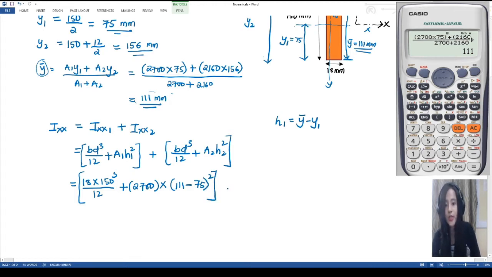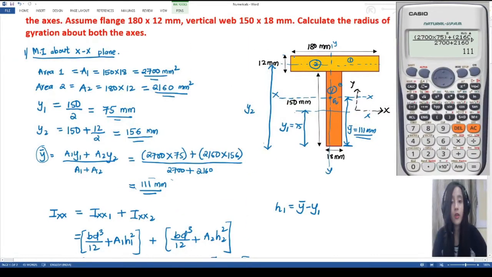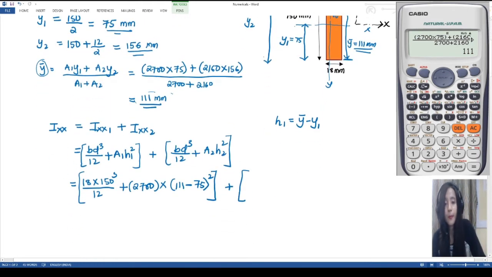Now for the second portion, which is the flange portion here, its width B is 180 mm and its depth is 12. So I have 180 into 12 cube by 12 plus, how much was my area 2?